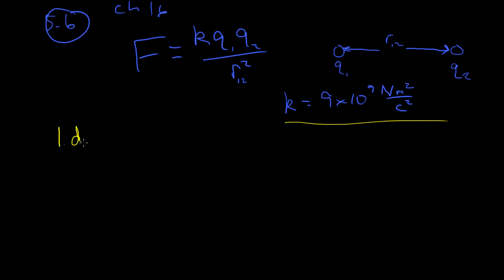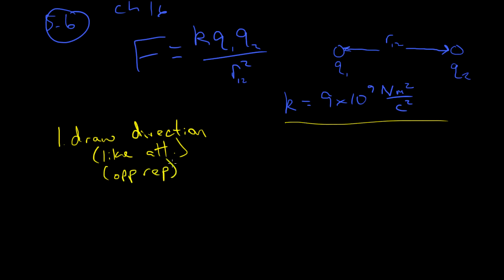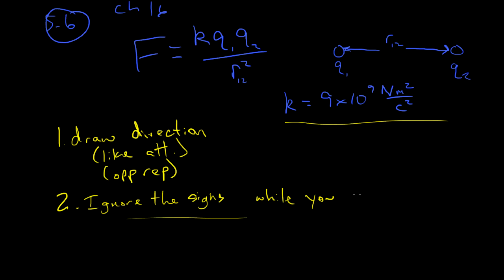First of all, draw the direction of the forces: like charges attract, opposite charges repel. Then ignore the signs of the charges while you calculate the magnitude of the forces.